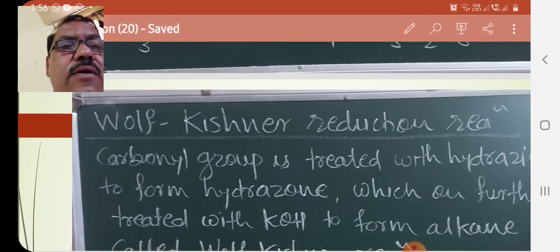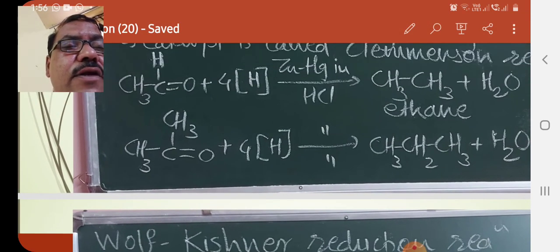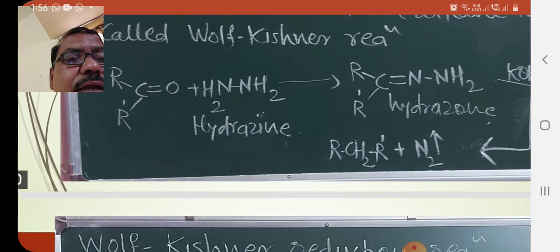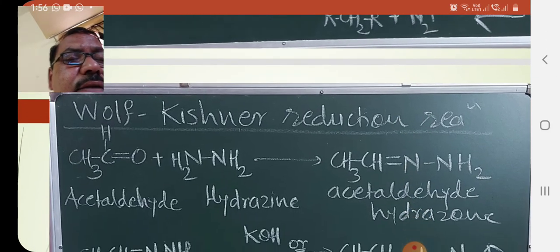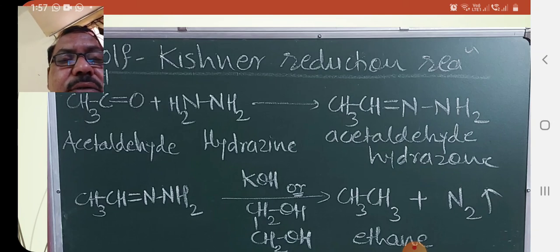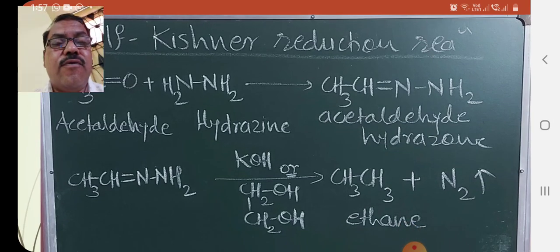But in the Clemmensen reaction, nascent hydrogen is used, and for nascent hydrogen, zinc amalgam in HCl is used, whereas in the Wolff-Kishner reaction, hydrazine is used, and this hydrazine is converted into hydrazone, and the hydrazone is reacted with KOH or NaOH in ethylene glycol, and nitrogen gas gets eliminated and ethane is formed.